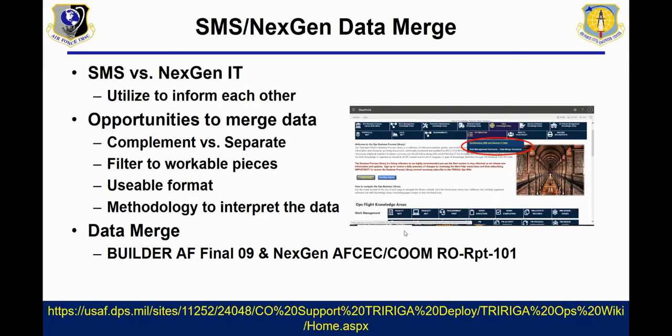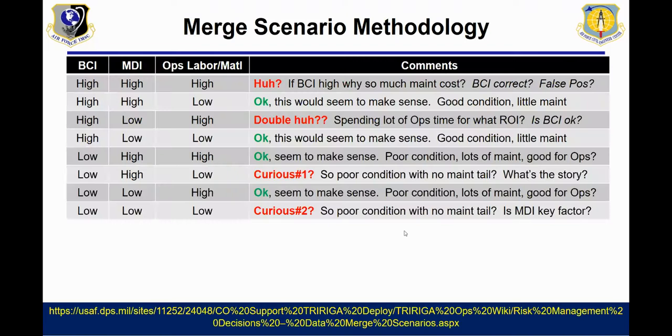And then based on sorting and filtering the pivot table, we can come up with some areas that maybe don't look quite right, or maybe that kind of shout that we need to do something. You basically are able to utilize those two data sources together.